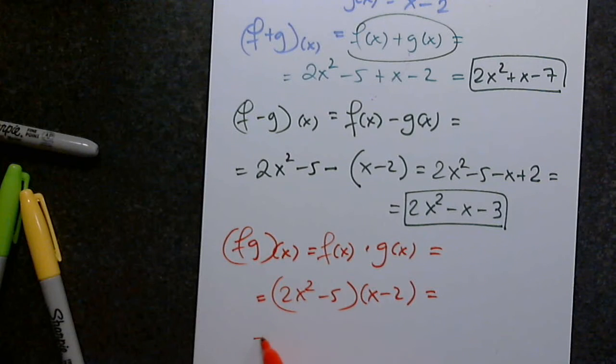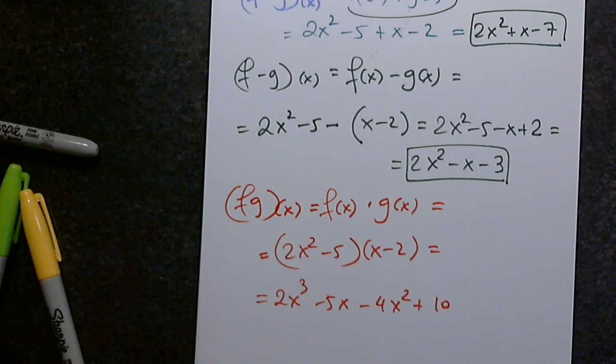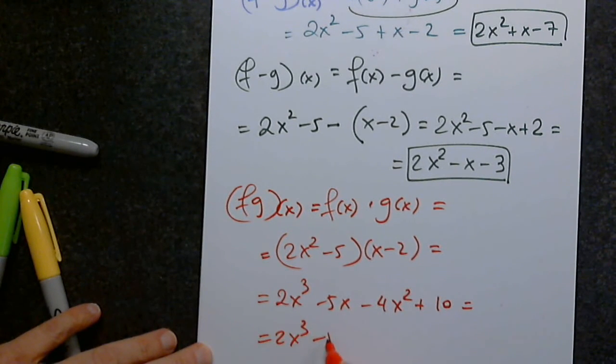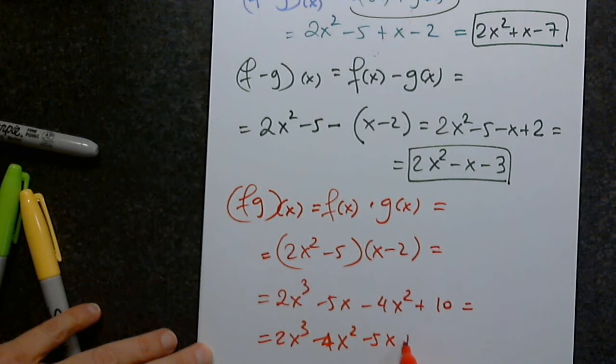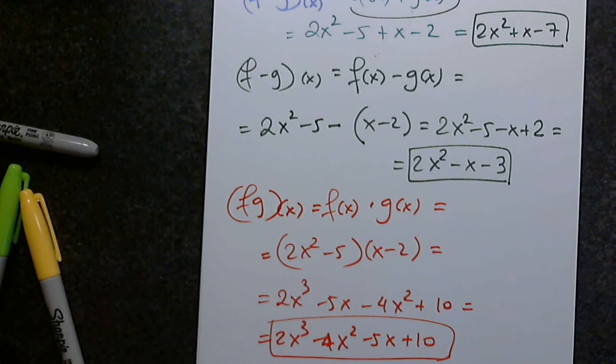So this is 2x cubed minus 5x minus 4x squared and plus 10. So I distributed x, 2x cubed minus 5x, and I distributed negative 2. However, I have to present it in descending order, which will be 2x cubed minus 4x squared minus 5x plus 10. And that is a new function that was created by multiplying the given functions.